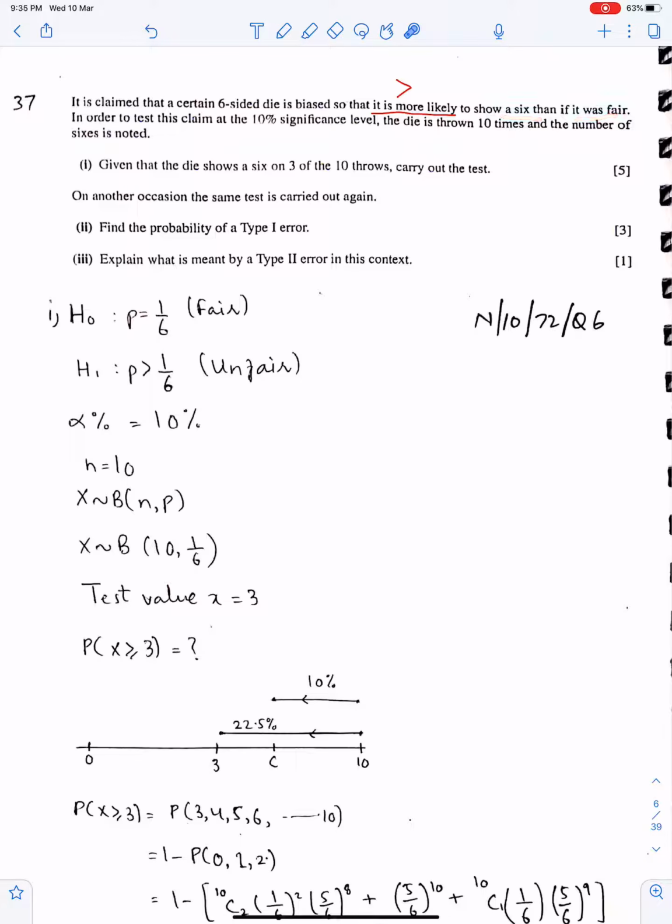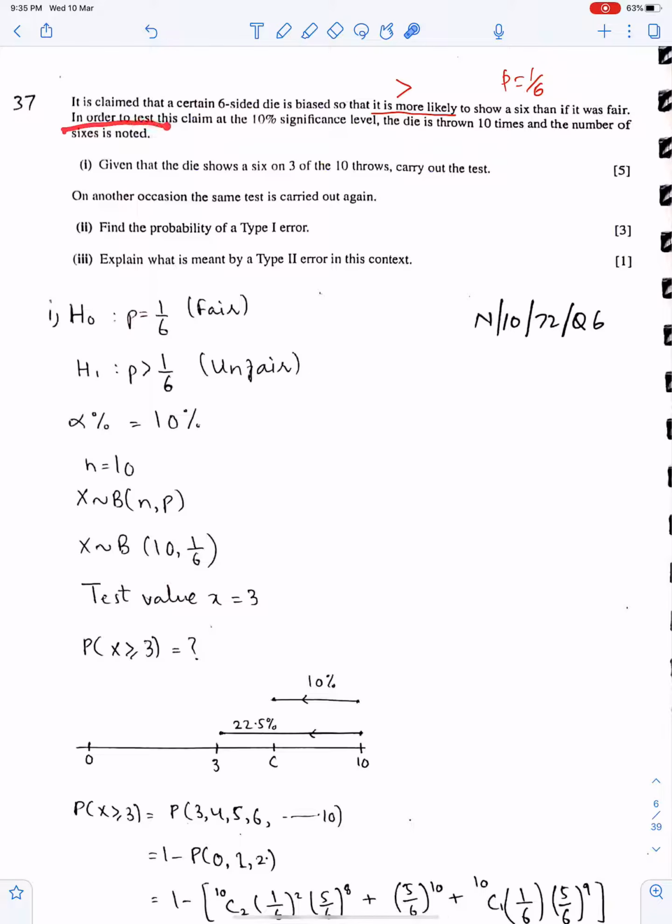More likely means H1 has a greater sign. So the probability of a 6 is 1 upon 6 when the die is fair. H naught is P equals 1 upon 6 and H1 is P greater than 1 upon 6, meaning this is a fair die and this is an unfair die.